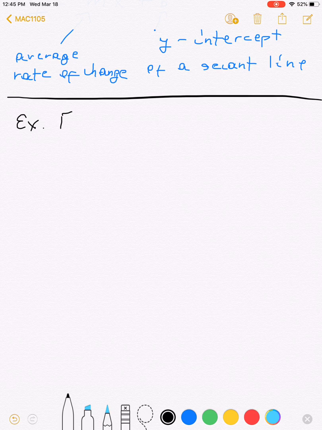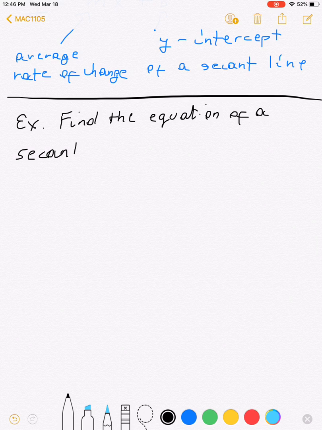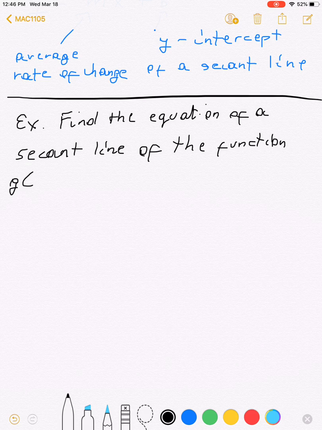Find the equation of a secant line of the function g of x, which is equal to 3x squared plus 2x minus 1, from -2 to 1.